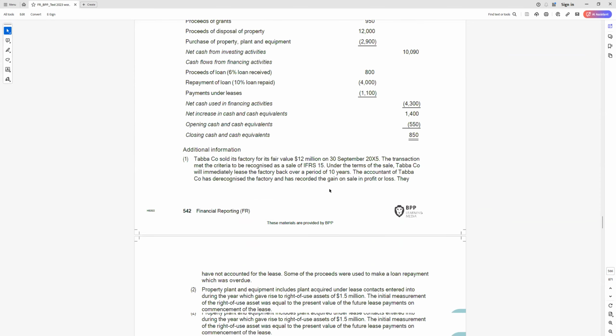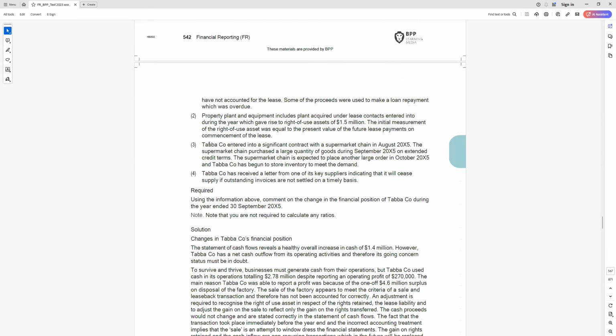But when we read the additional information, we can see they actually have a new contract, and it makes more sense why they're buying a lot of inventory and why the credit receivables, or the credit customers, are going up. So it looks like the sales are increasing, even though it's happening at the end of the year, September 15. But very soon this money will be converted into cash because I'm selling to the new customer. Hopefully, in the near future the business will be better. So this thing is very important.